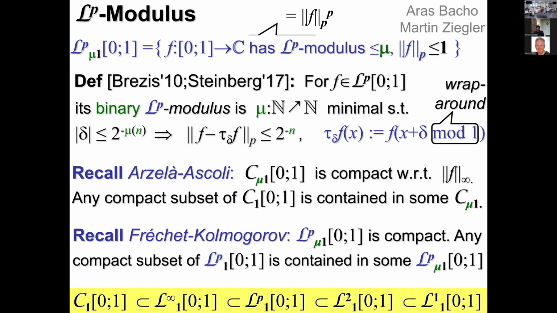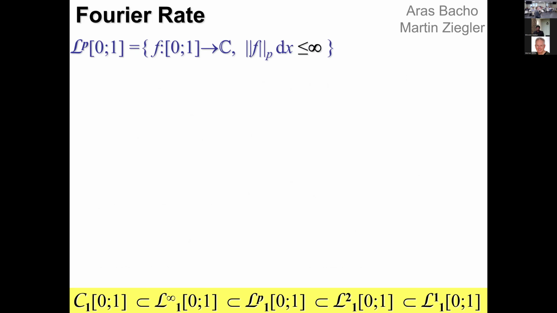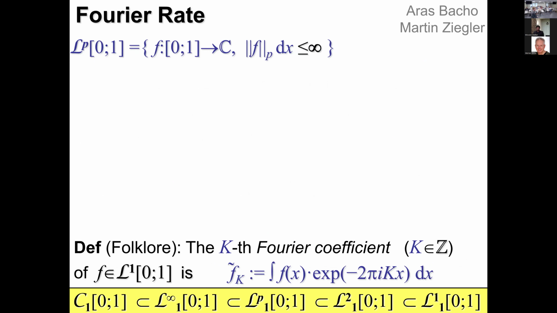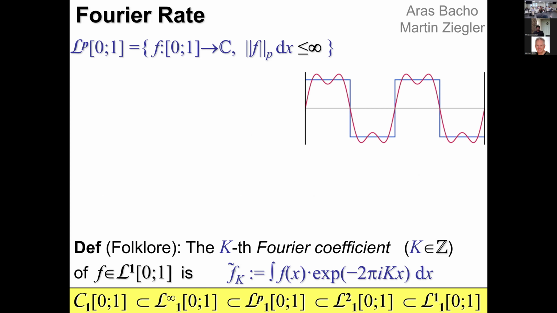Here's another parameterization that is found in the literature: the rate of convergence of a Fourier series. We know Fourier coefficients are well defined on L1 space, all Lp spaces. And then we can write a Fourier series.